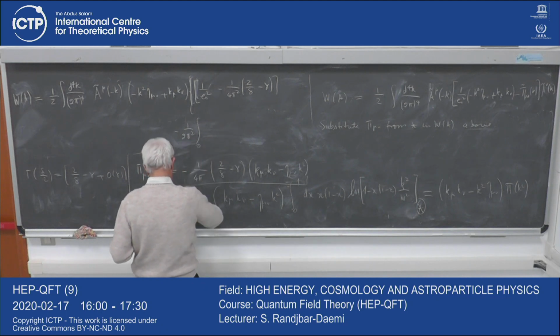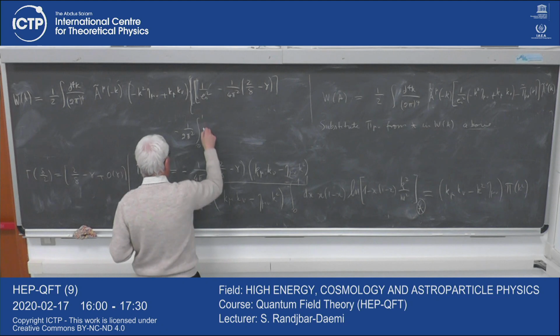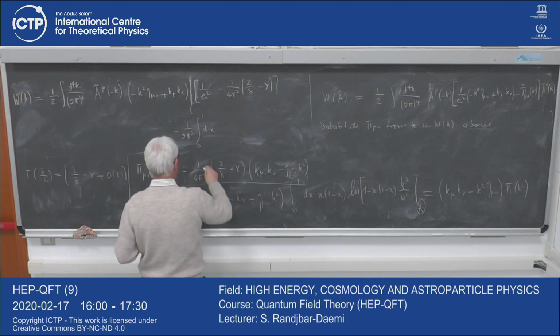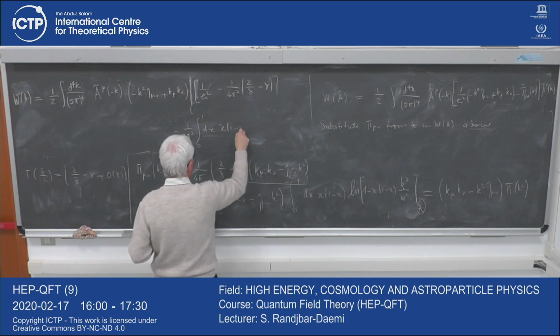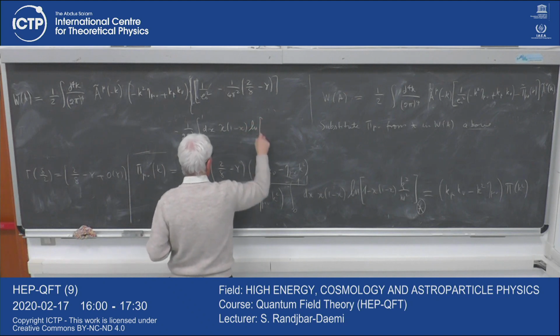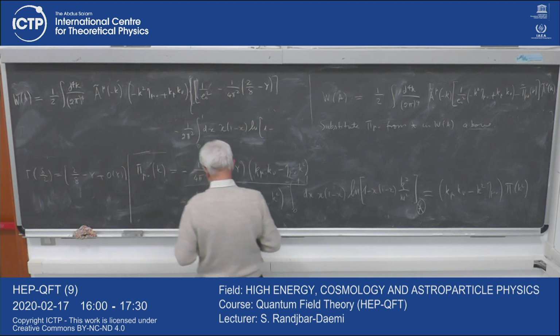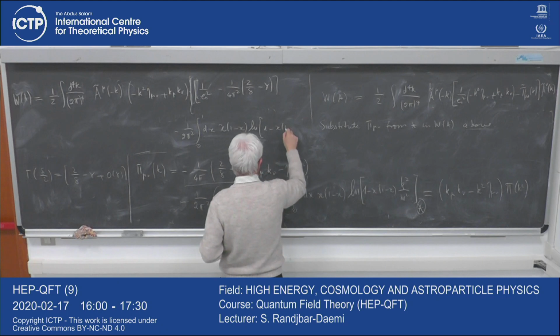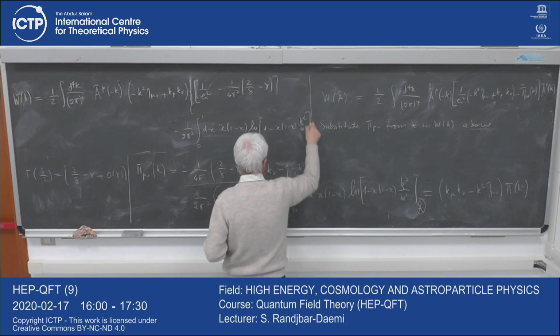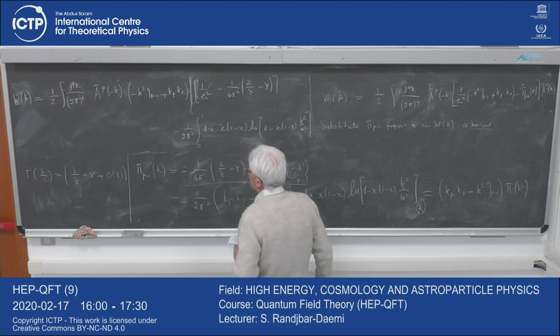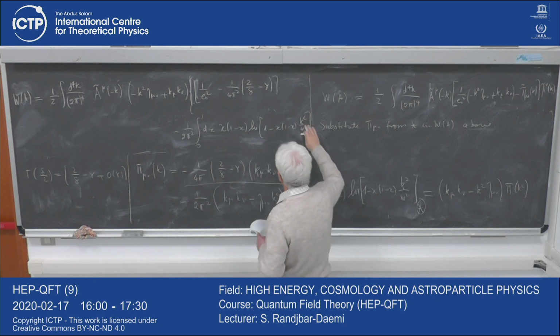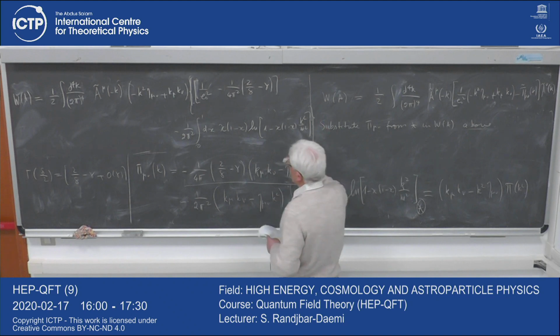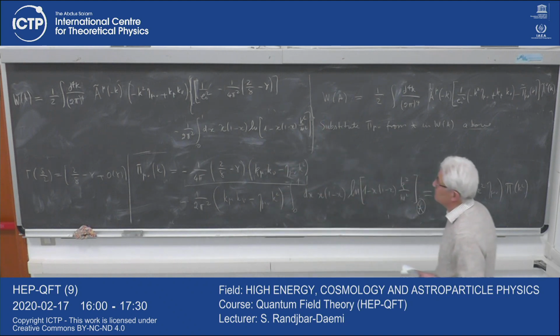I think here there was a misprint that's showing minus 1. dx x times 1 minus x times logarithm of 1 minus x times 1 minus x times k squared divided by m squared. So that's our expression.